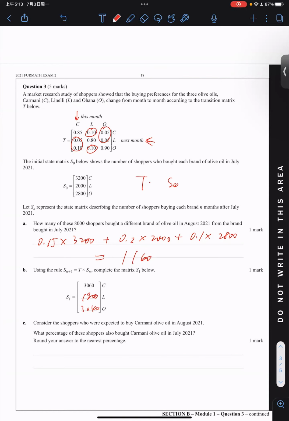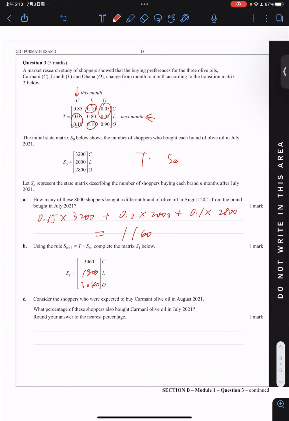And question C, consider the shopper who was expected to buy Harmony olive oil in August 2021. Now we need to consider the shoppers who already bought Harmony in August 2021. That is 3,060, right? This indicates how many customers bought each brand in August 2021. What is the percentage of the shoppers who also bought Harmony olive oil in July 2021?